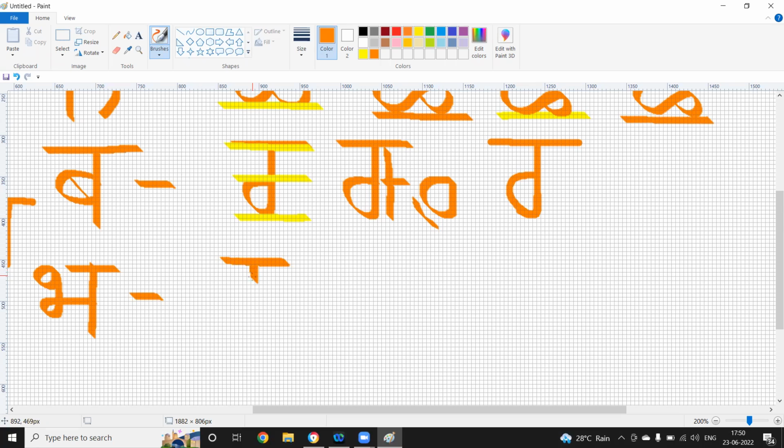This is again a very small stroke, and then we make a round like shape here. We get it all the way up here and leave it here.